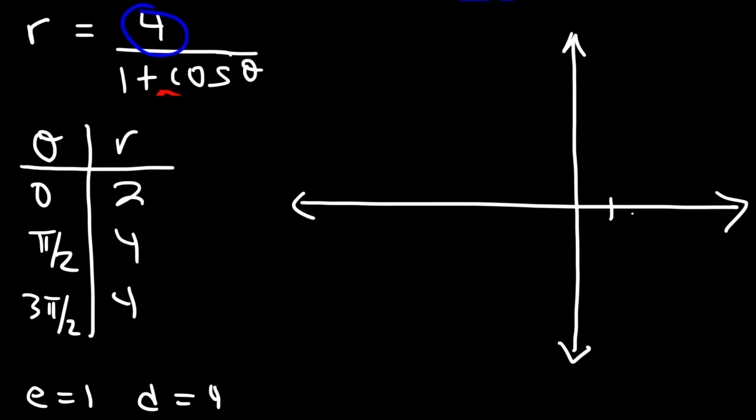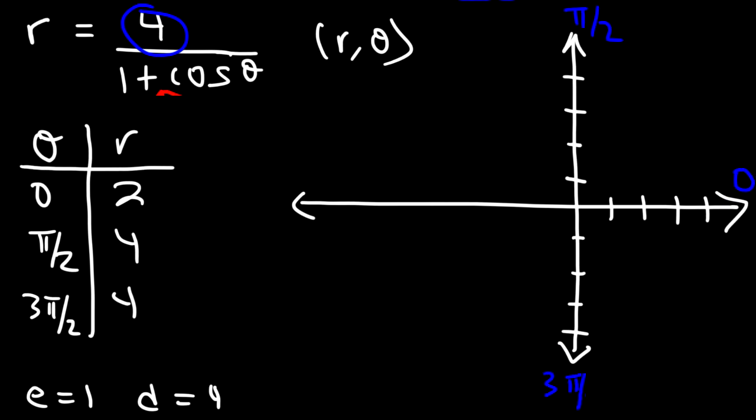So now let's go ahead and sketch this graph. So the first point is 0, 2, or 2, 0 in polar coordinates. We got to write it like this. So at an angle of 0 degrees, which is the x-axis, the r value is 2.